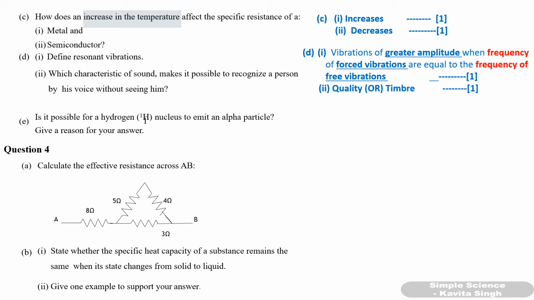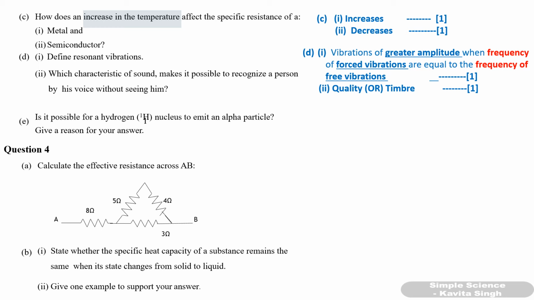Now here people do mistake. They just write the frequency of forced vibration is equal to free vibrations. Frequency is not equal to free vibration. Frequency is equal to frequency. Frequency of forced vibration is equal to frequency of free vibration. The frequencies of both forced and free vibrations are equal. So if you miss out frequency second time for free vibration, you will lose mark.